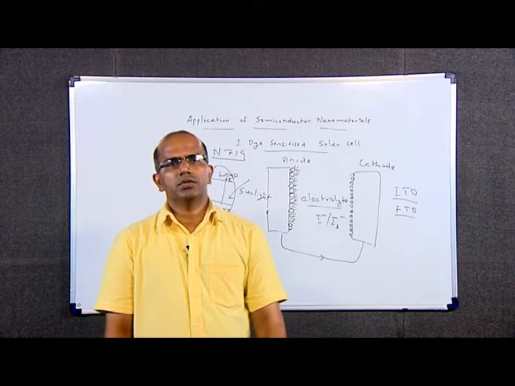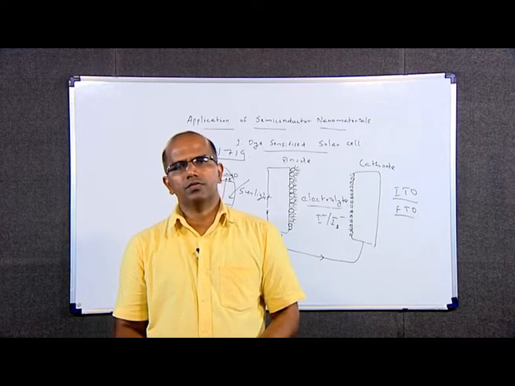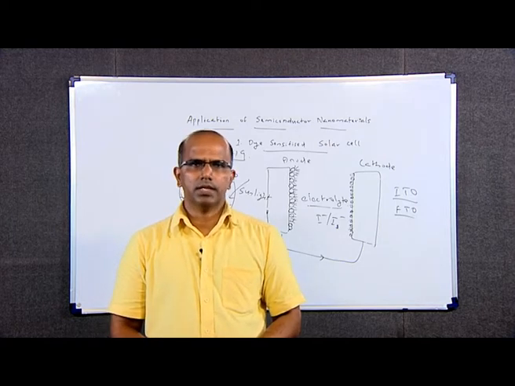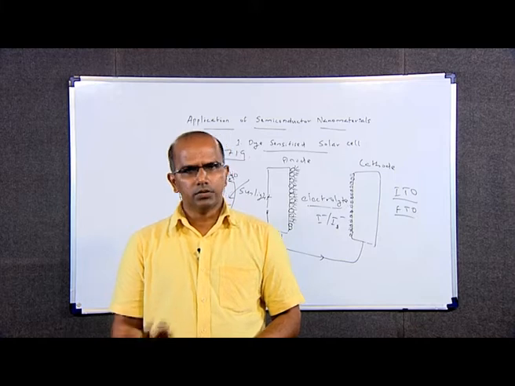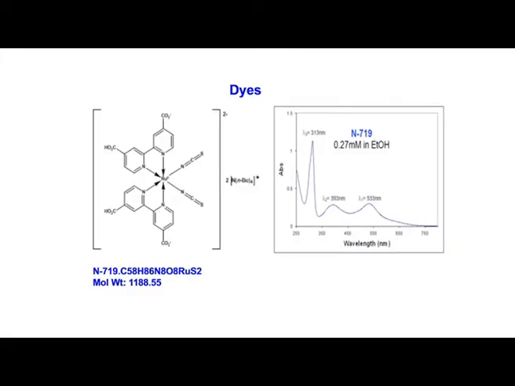There is no net chemical reaction, but electron is moved from the anode to the cathode. So, movement of electron is the electric current. So, you can generate the power. These are the steps involved in the working of the dye-sensitized solar cell.